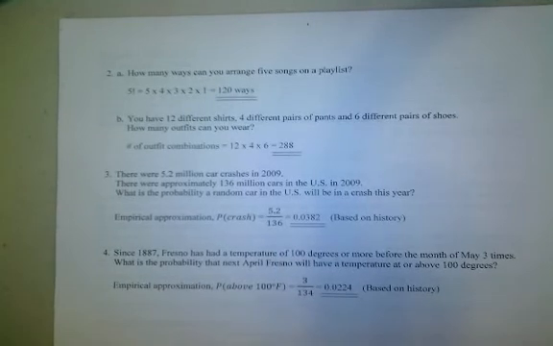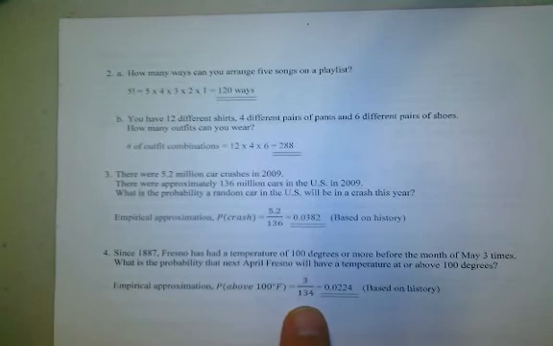And then another one, a weather example. Fresno has had a temperature of 100 degrees or more before the month of May 3 times. This is since 1887. So what is the probability that next April Fresno will have a temperature at or above 100 degrees? So 3 times it's happened. That's in 134 years since 1887.